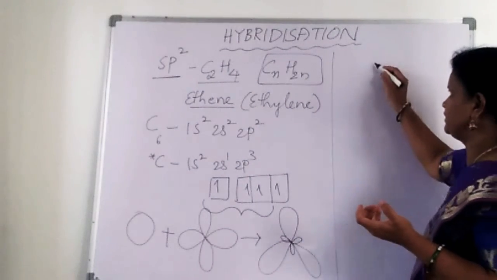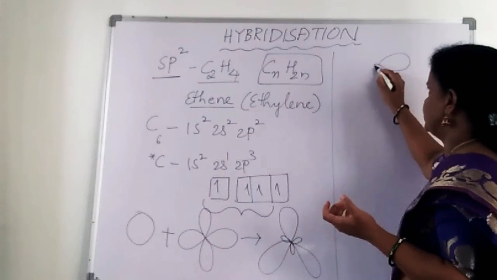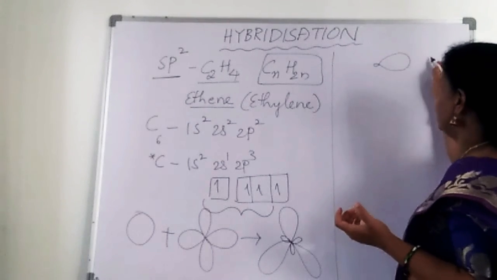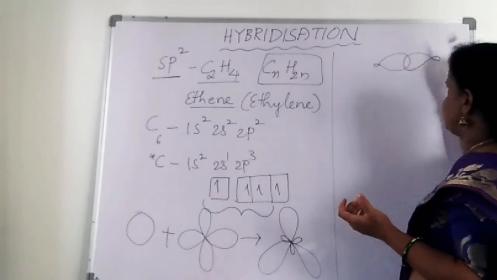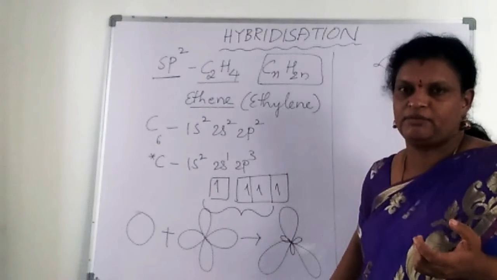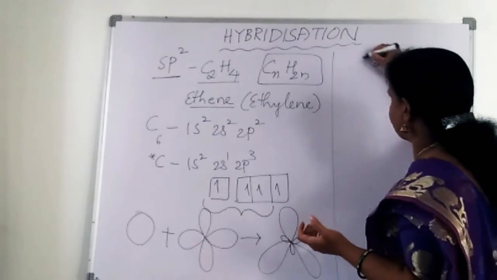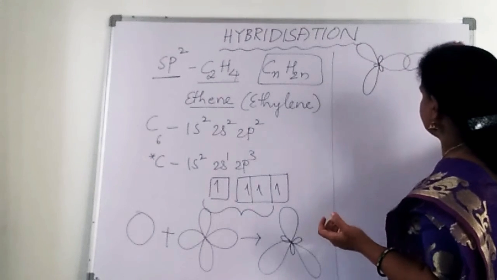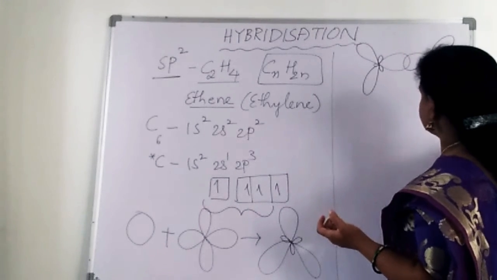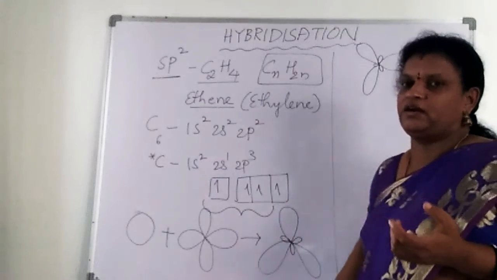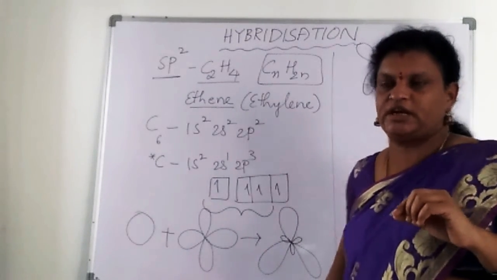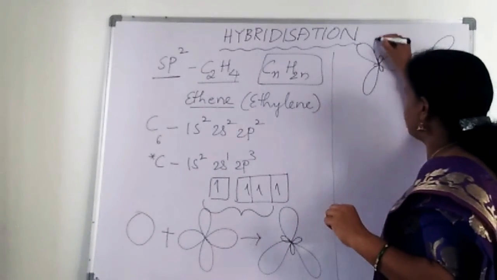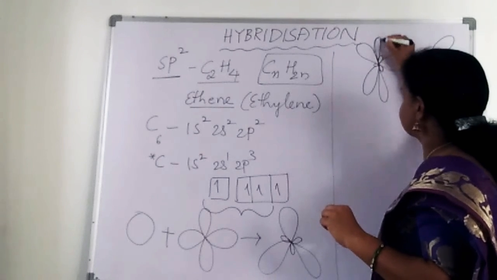So here I am going to write that structure. One sp2 hybrid orbital of carbon overlaps with the sp2 hybrid orbital of another carbon. Remaining hybrid orbitals are present like this, and along with that one more pure orbital is also there, no? That one more pure orbital we are going to show here like this.